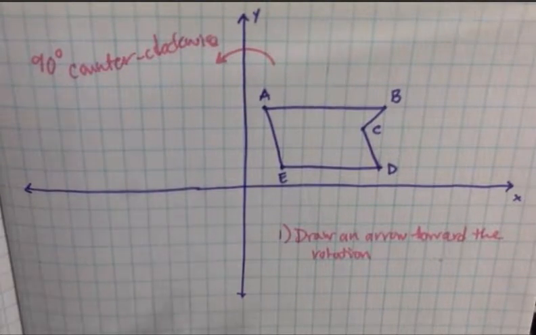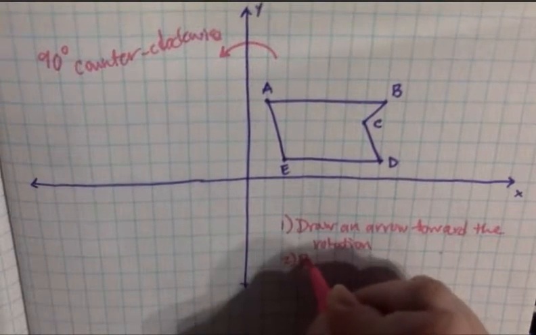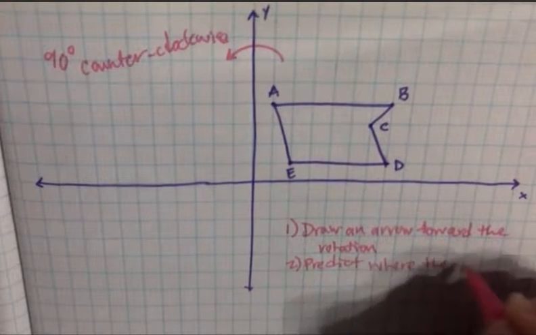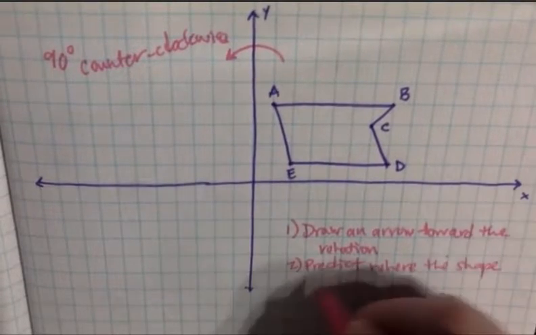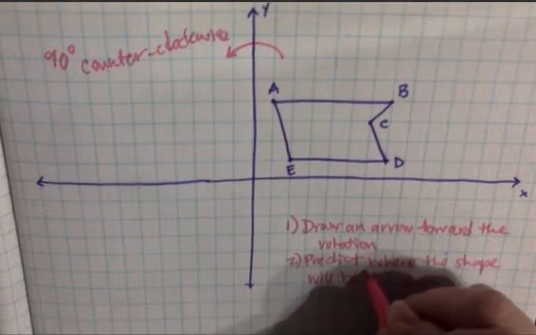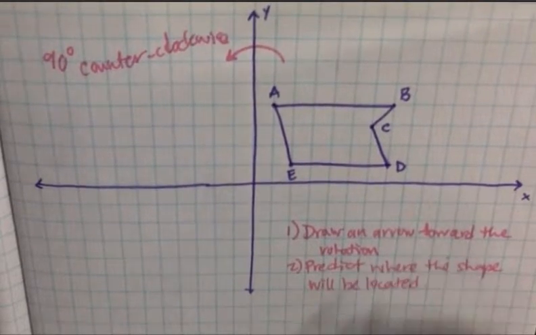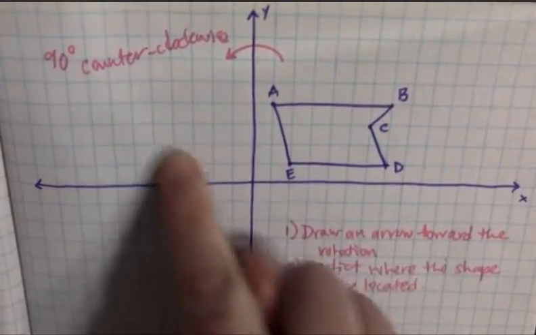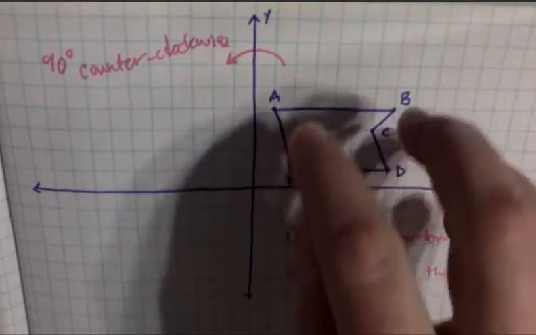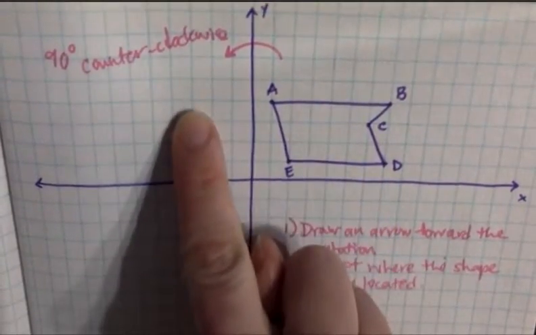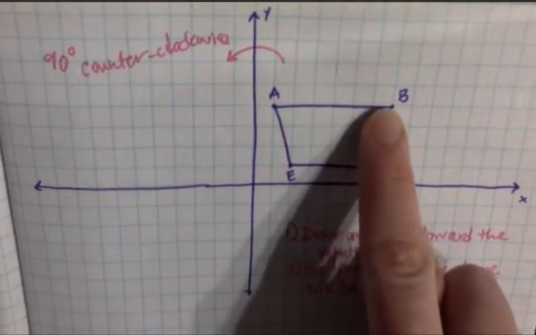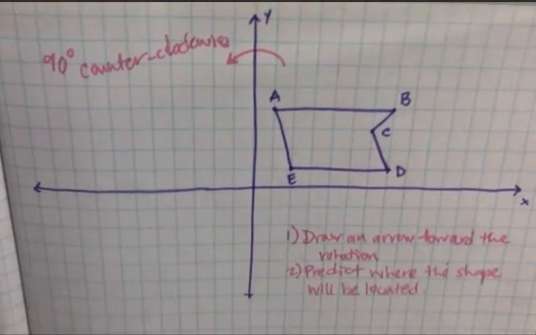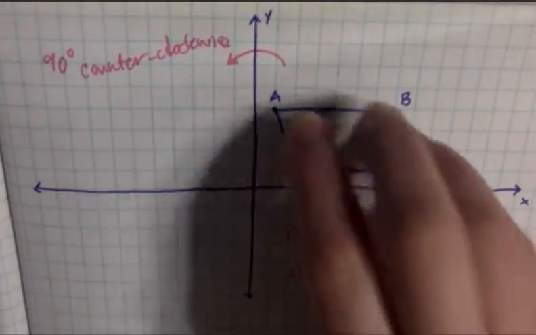So after I've done this, I want to predict where the shape will be located. In this case, going 90 degrees it is going to be over here. If it was going to be 180 degrees, it's going to be moving not from here, but all the way to here. If it's going 270 degrees, it's going not just here, but over here. If it's going 360 degrees, it's going right back onto itself.